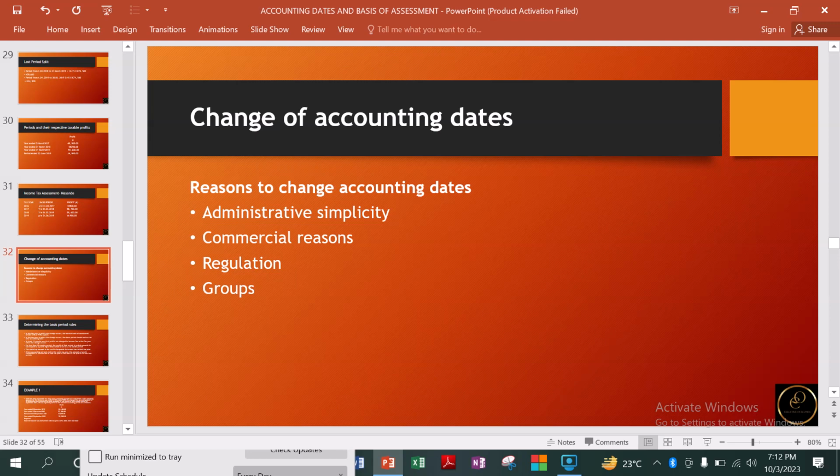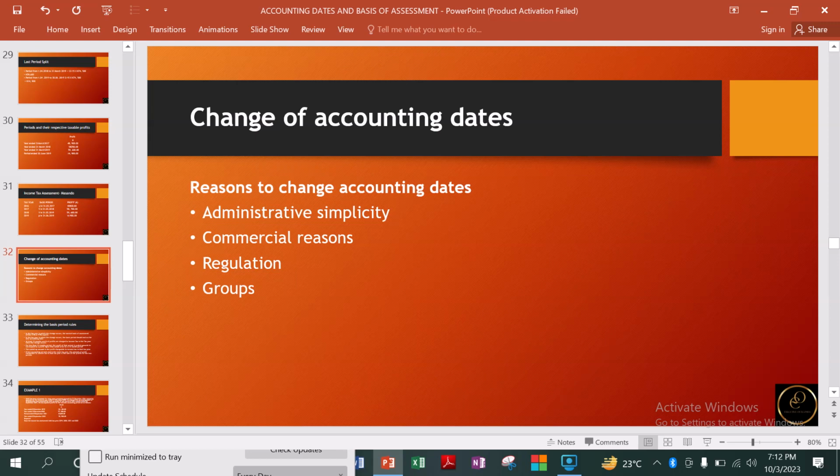The other one is for commercial reasons. Almost in similar manner to the first point I've talked about. Sometimes when it comes to accounting dates, there could be activities like stock taking and so forth. When you are doing stock taking, it might take a bit of time to count your stock, and it might take valuable time from employees.